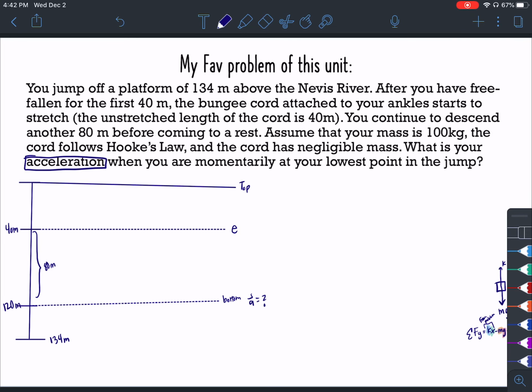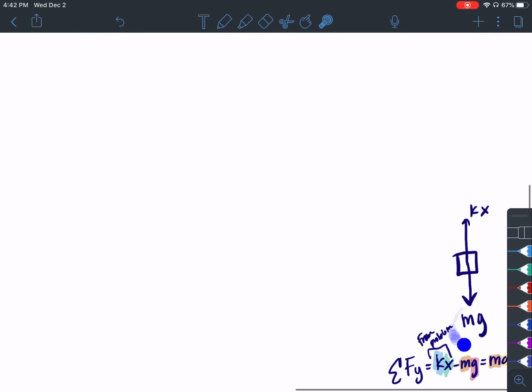I don't have any other information that I can use here dealing with forces, so I have to think of another way to do this. Anytime we're talking about different parts in a track, and notice the only forces here are gravity and spring forces, both of these are internal conservative forces.